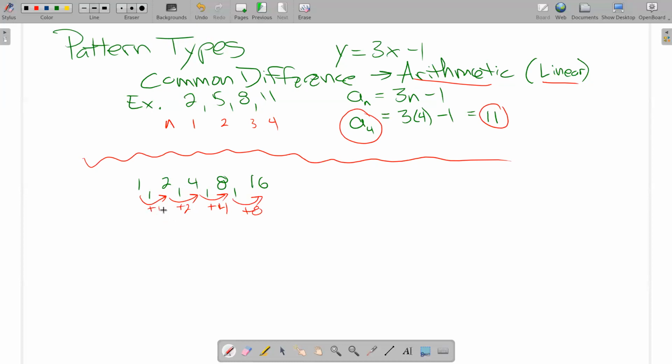And we can perceive a pattern to the 1, 2, 4, 8. So this one right here is not linear. So instead of looking at the common difference, we're going to look at a common ratio instead.